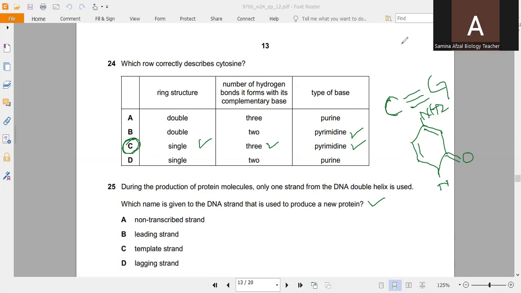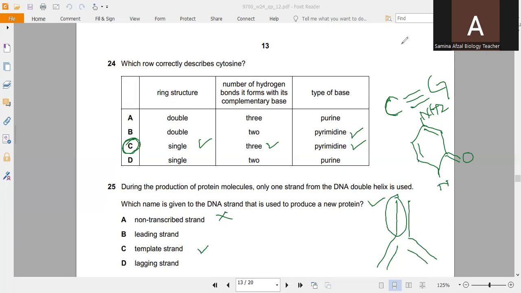You can see there is the formation of two strands, and one strand of DNA will act as the template strand, which is copied by messenger RNA. So it will be the template strand. The other strand, which is not used as a template strand, is called the non-transcribed strand, so that is not the correct option.